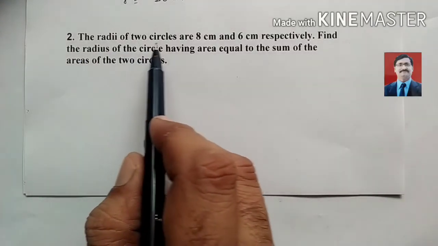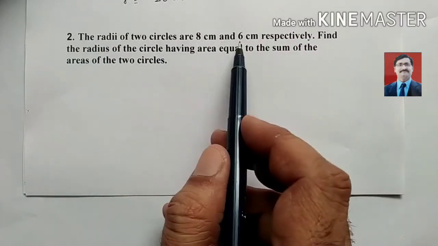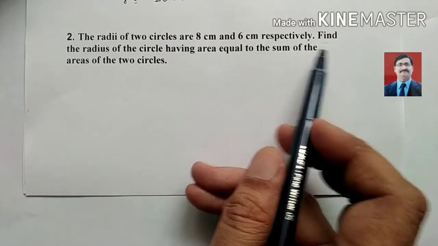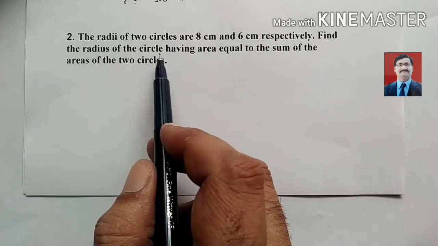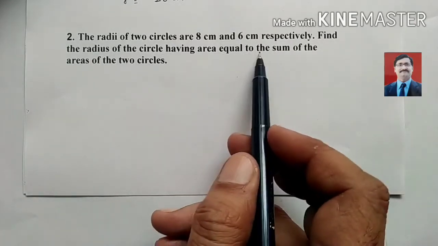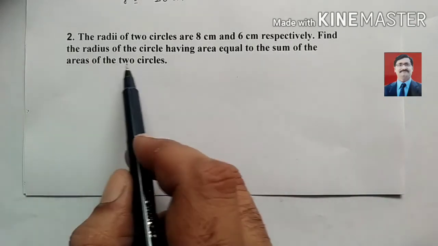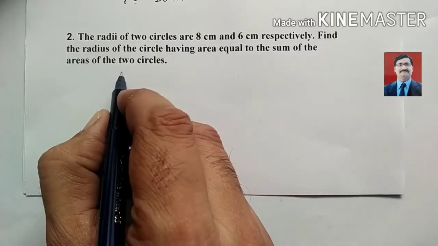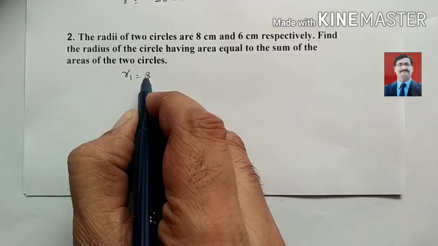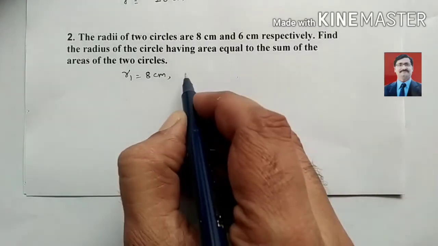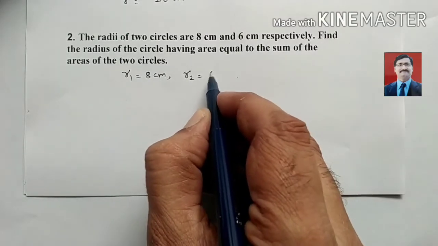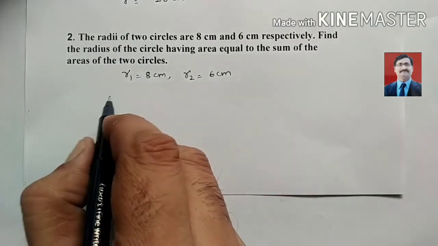The radii of two circles are 8 centimeter and 6 centimeter respectively. Find the radius of the circle having area equal to the sum of the areas of the two circles. Here the first circle's radius is 8 centimeter and the second circle's radius is 6 centimeter.